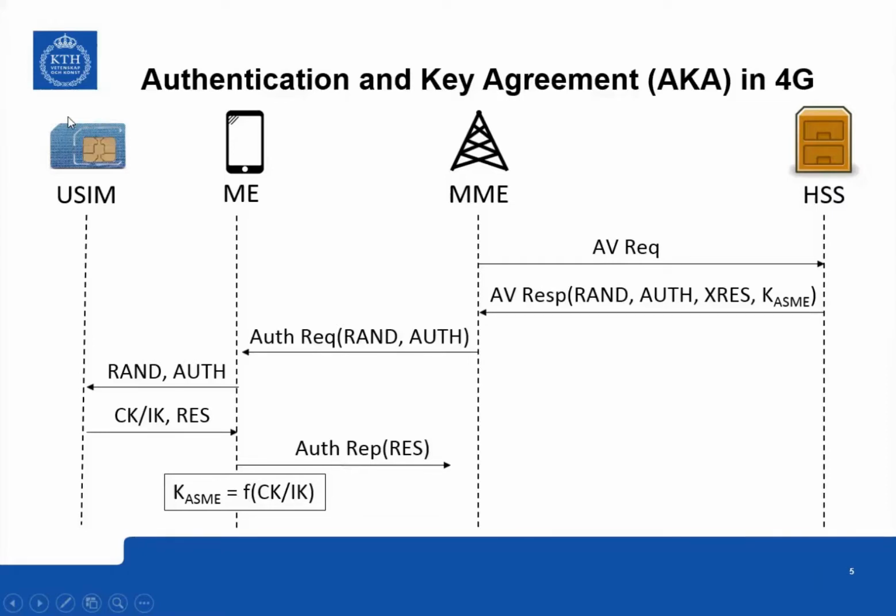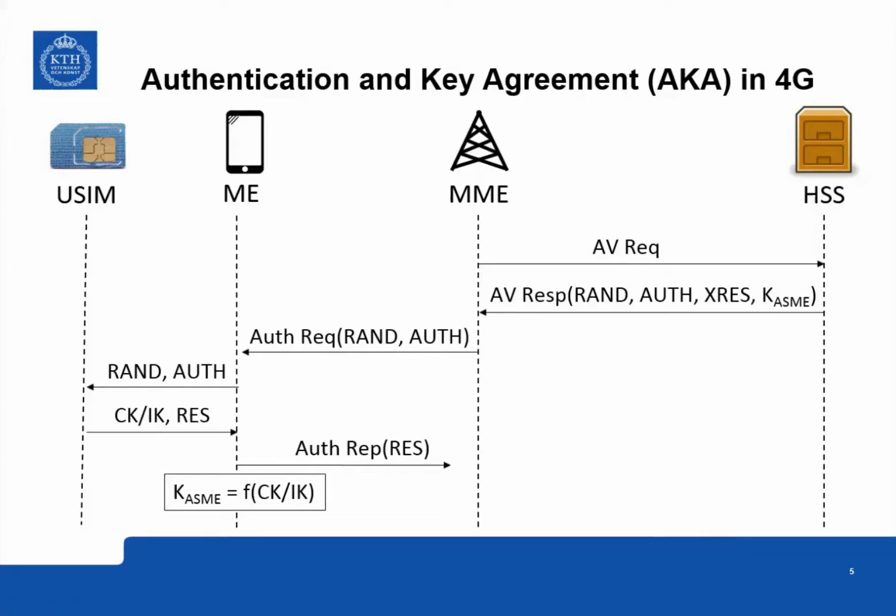AKA is initiated by the MME, which sends to the HSS a request for an authentication vector, AV, associated with the subscriber of the mobile entity.